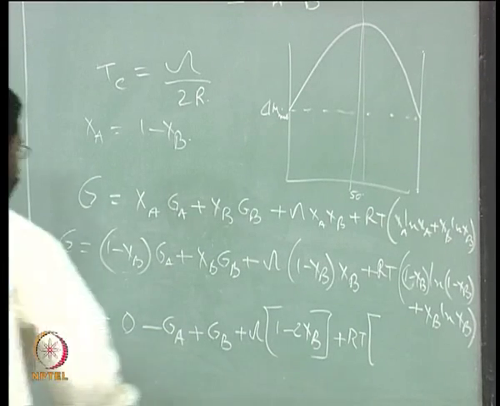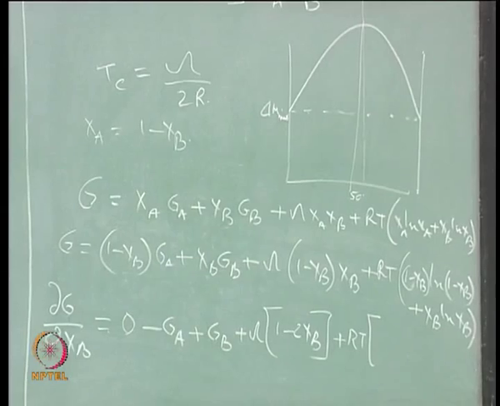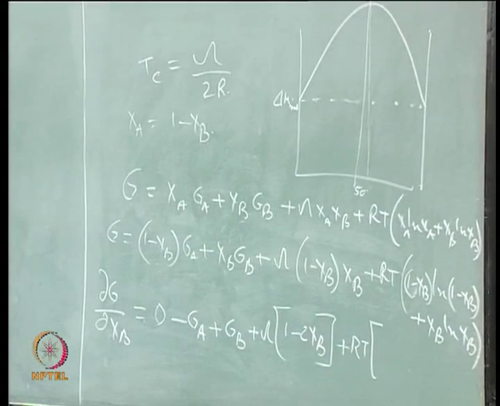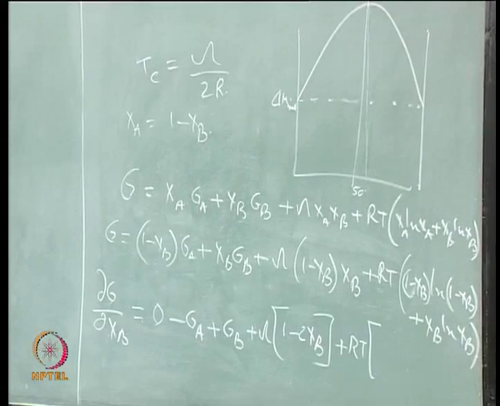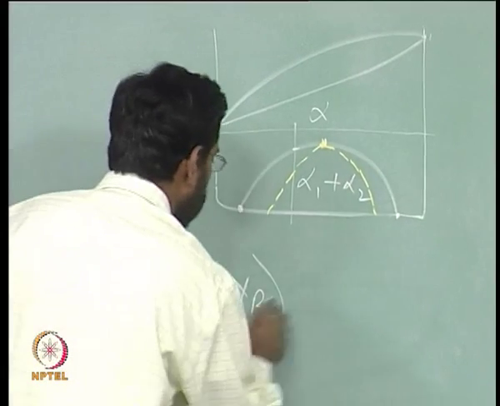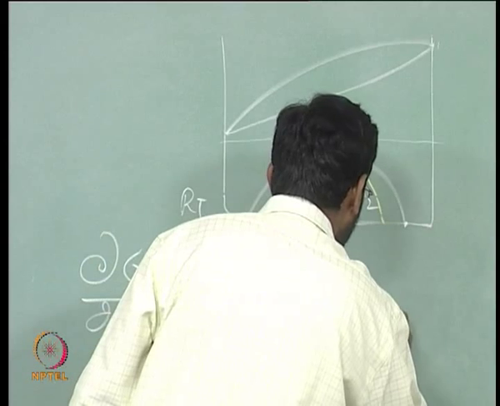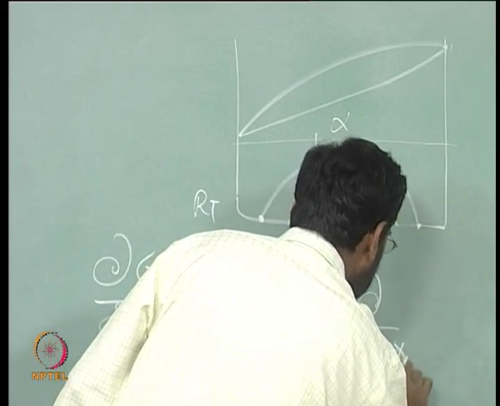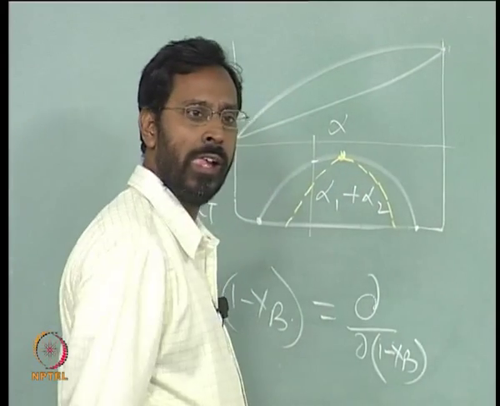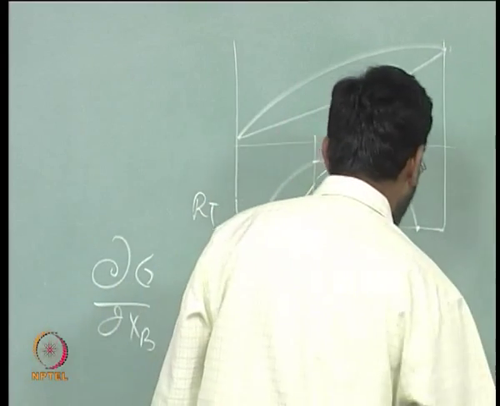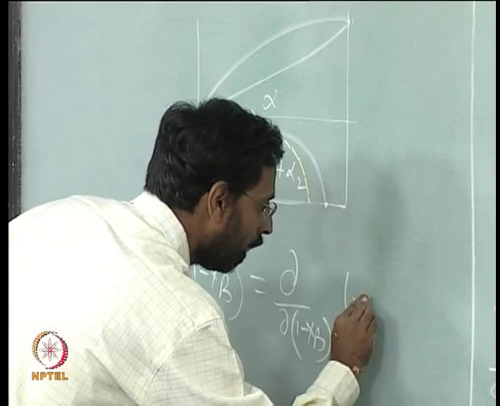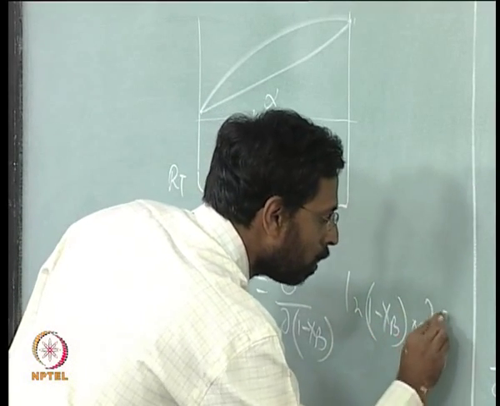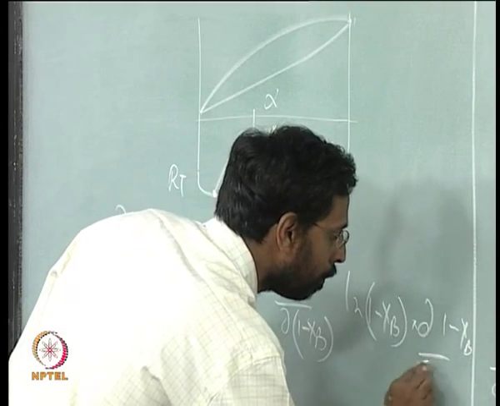The way we can easily do it, whenever you want to do dou by dou xb of ln 1 minus xb, you can simply write it as dou by dou 1 minus xb of ln 1 minus xb into dou 1 minus xb by dou xb.